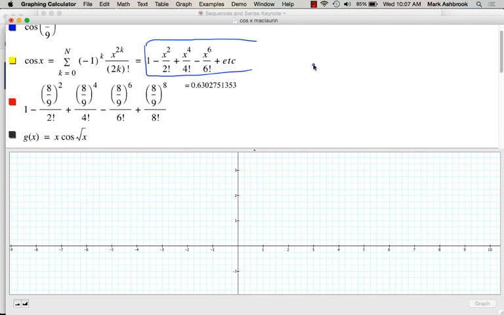Instead of generating that from scratch, which would be ugly, because we'd be finding derivatives and the power rule would blow up by the second or third derivative, we can use what we found for cosine to find a series for this pretty quickly.